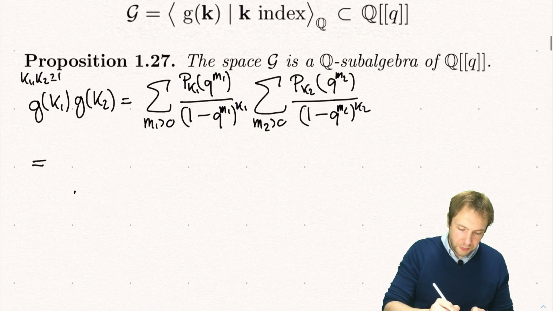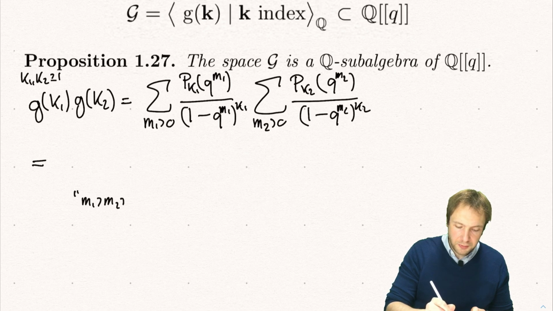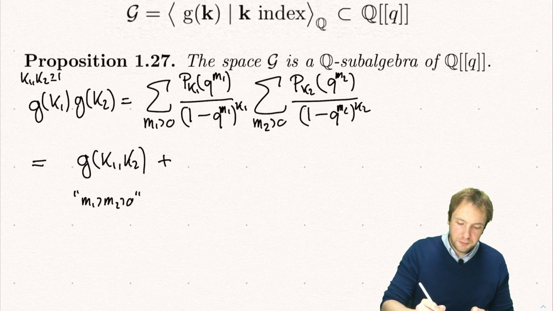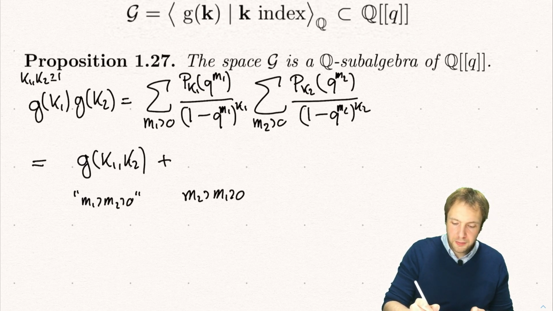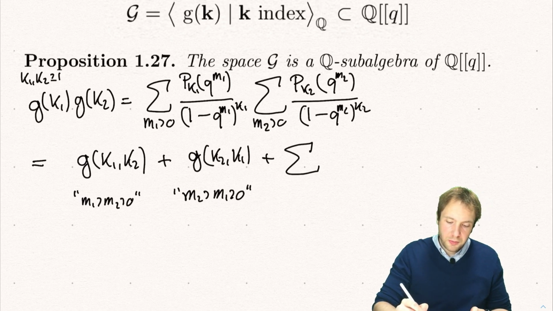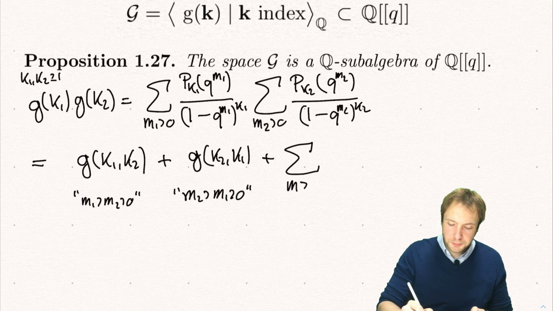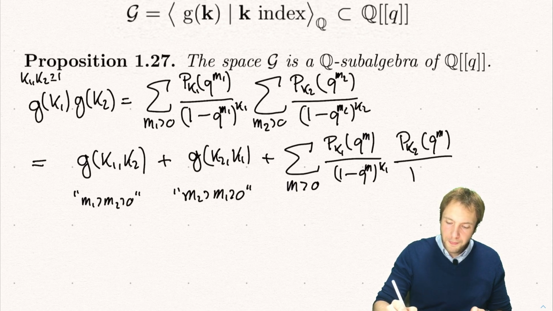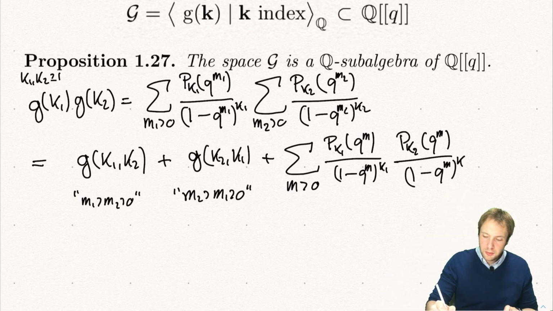So the case m1 greater than m2 gives G of k1, k2, plus the case m2 greater than m1 gives G of k2, k1, plus, if they are the same, both m, we need to consider this product here: A_k1 of q to the m over (1 minus q to the m) to the k1, times A_k2 of q to the m over (1 minus q to the m) to the k2.